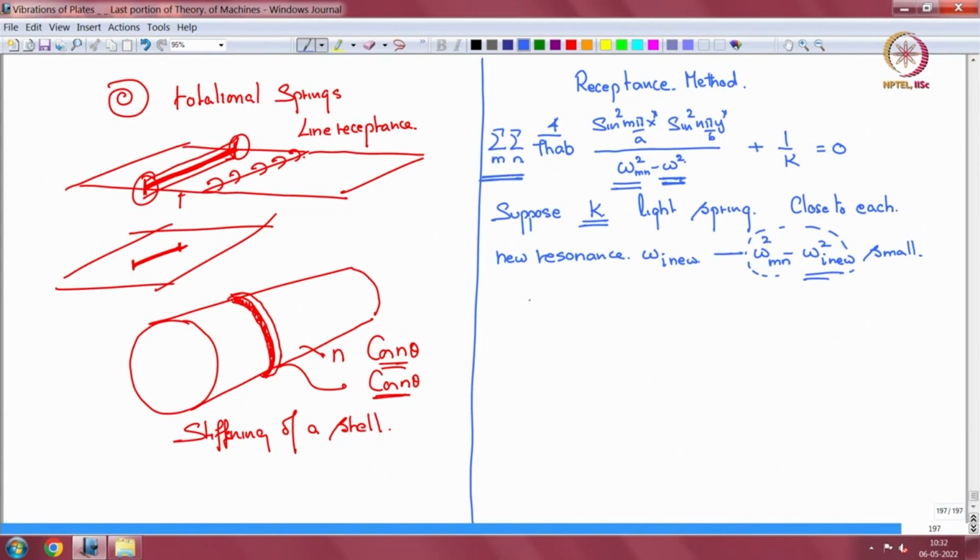So the summation is no more needed because omega I nu is close to one particular omega mn.